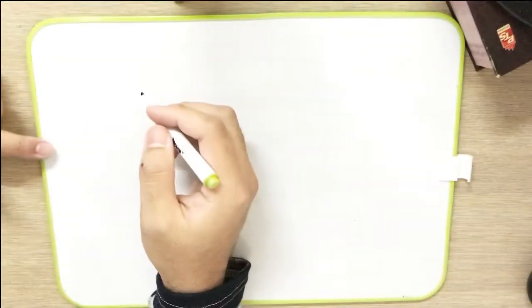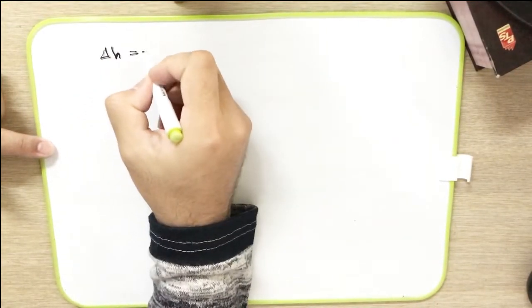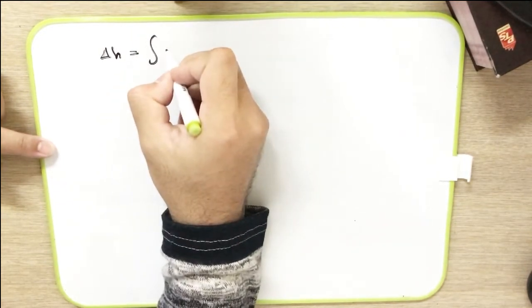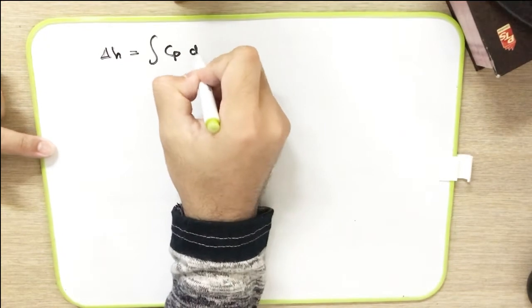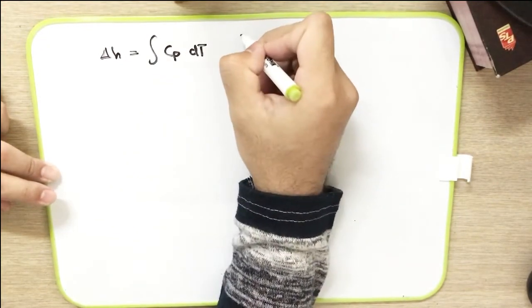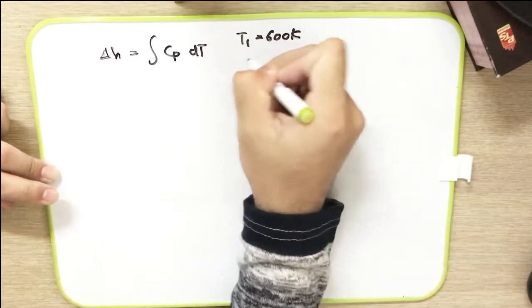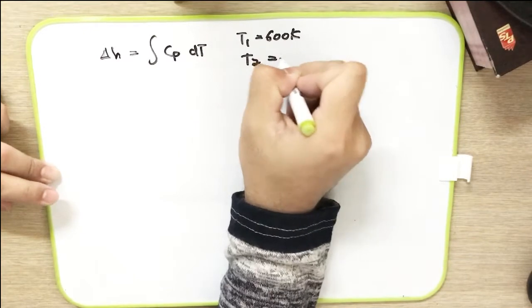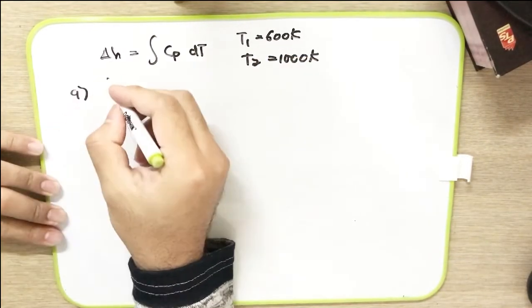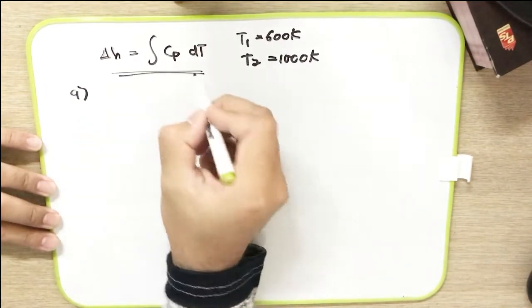From the question, we are going to find the delta H, which we know is equal to the integration of CP dT. Given in the question, it is heated from T1 equal to 600 Kelvin and T2 is 1000 Kelvin. For A, we need to find the change of enthalpy by using this equation.